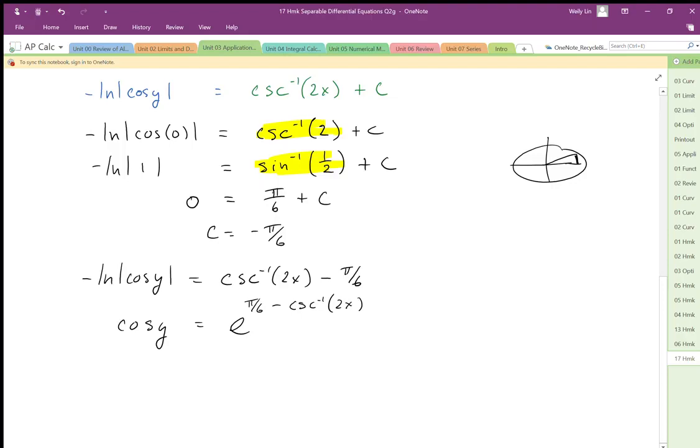Okay, so that's my expression, and then I need to undo the log with an exponential. So this is e to the pi over 6 minus the inverse cosecant of 2x. And there's my expression. This is the solution to that differential equation.